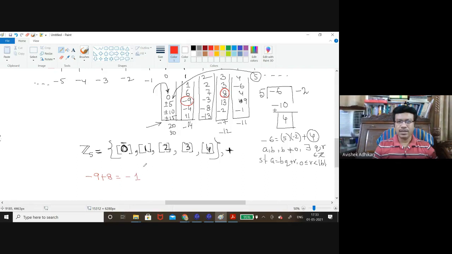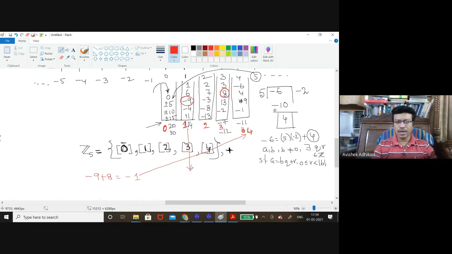And check which bucket minus 1 is in. This is the bucket for 0, this is the bucket for 1, this is the bucket for 2, this is the bucket for 3, and this is the bucket for 4. And it has been found that this is within the bucket 4, right? Now, consider the leader of the bucket where minus 9 belongs. Minus 9 belongs to the bucket with leader 1.